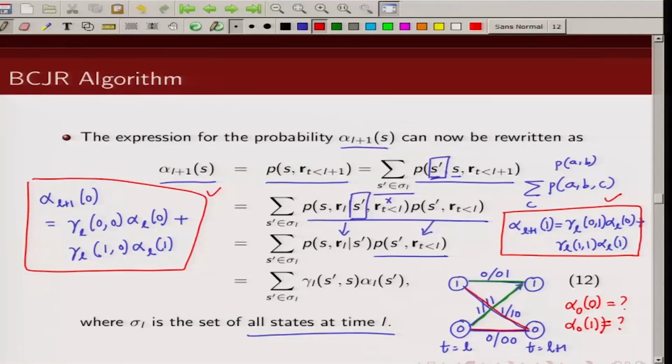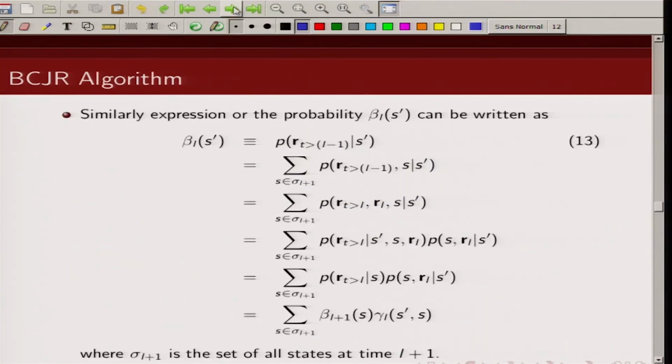So, if we assume the encoder is in all 0 state, then it is going to stay in all 0 state. Then in that case, we consider this probability as 1 and all other possibilities of it staying in all the other states as 0. So, the initial value, when we assume that the encoder is in all 0 state, we assume that alpha 0 at state 0 is 1 and alpha 0 at any other state is 0.